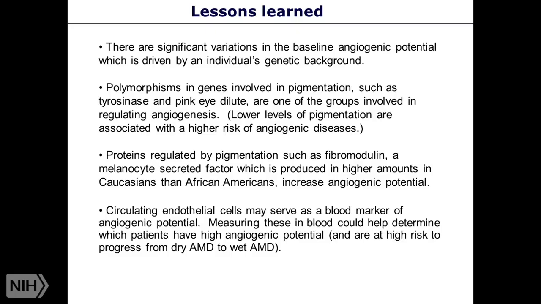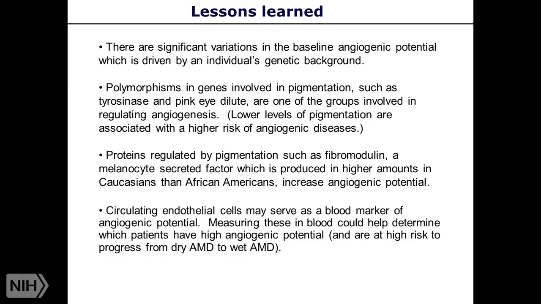Proteins such as fibromodulin, which are secreted by melanocytes, are potentially important in controlling this pigment-related response, and responsible for why Caucasians have a higher angiogenic potential. And lastly, circulating endothelial cells may serve as a marker for angiogenic potential, but really there's a need to be able to measure this so that we can tell which of the patients.